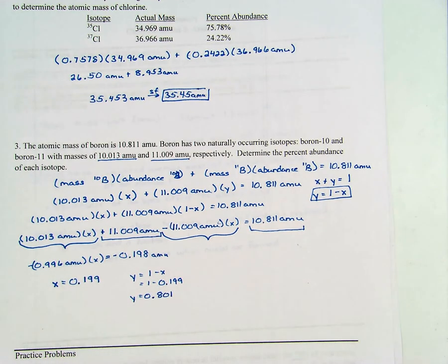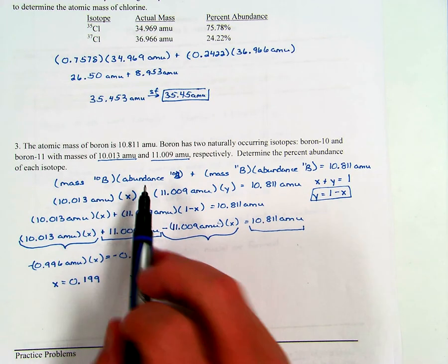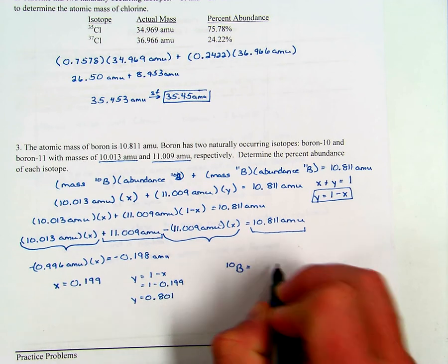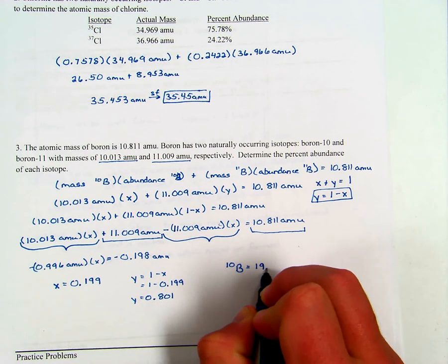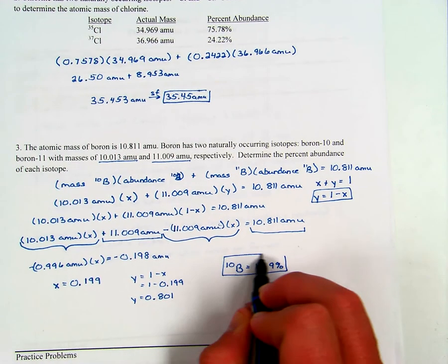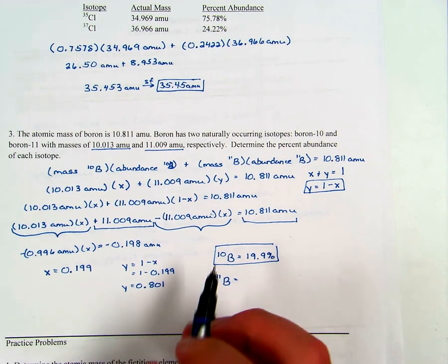I can see I substituted x for the abundance of boron 10. So the boron 10 abundance is going to equal 19.9%, or you could write 0.199. That would be okay as well. And the abundance of boron 11, I can see I substituted y in for the abundance of boron 11, is equal to 80.1%. And we're done.